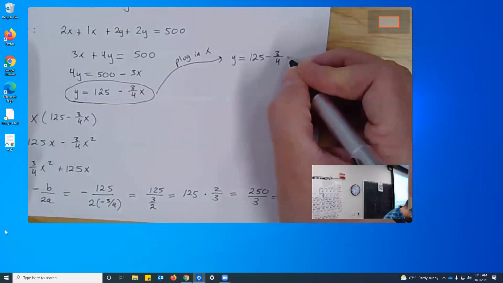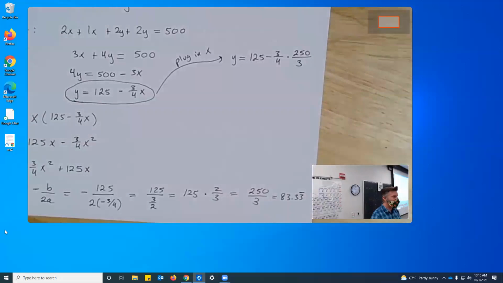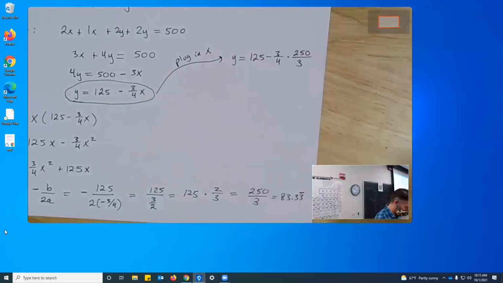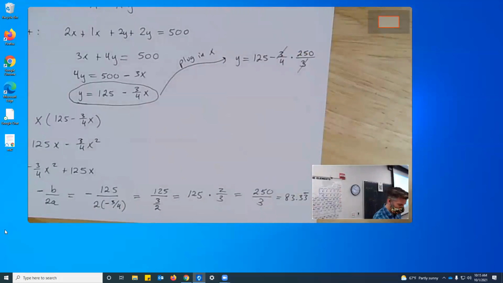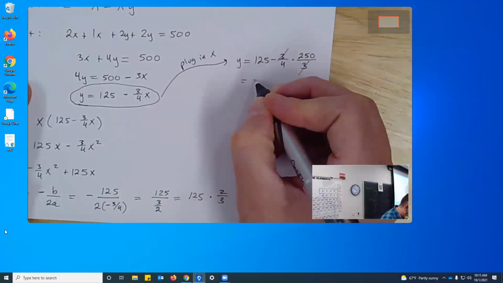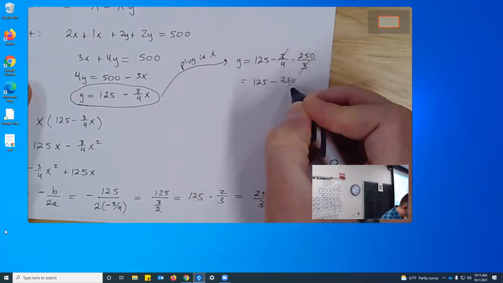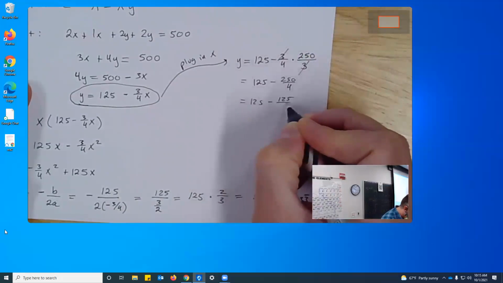If I plug in 250 thirds for x, I get some nice canceling happening. The 3 here and the 3 here do cancel. And you get 125 minus 250 over 4, which you can reduce to 125 minus 125 over 2.